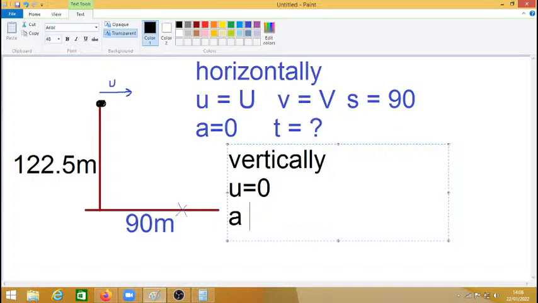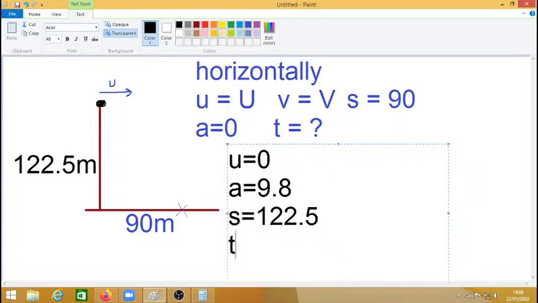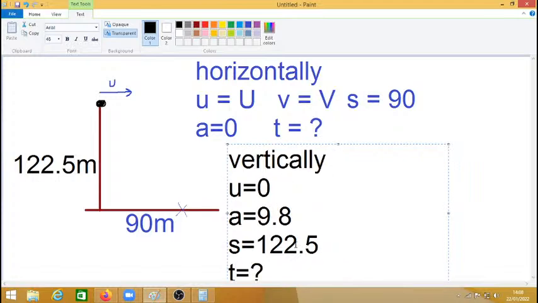We'd say that the acceleration is due to gravity, so that's 9.8. We know the distance traveled is 122.5, because it hits the bottom. And time is unknown. And the final velocity is unknown.